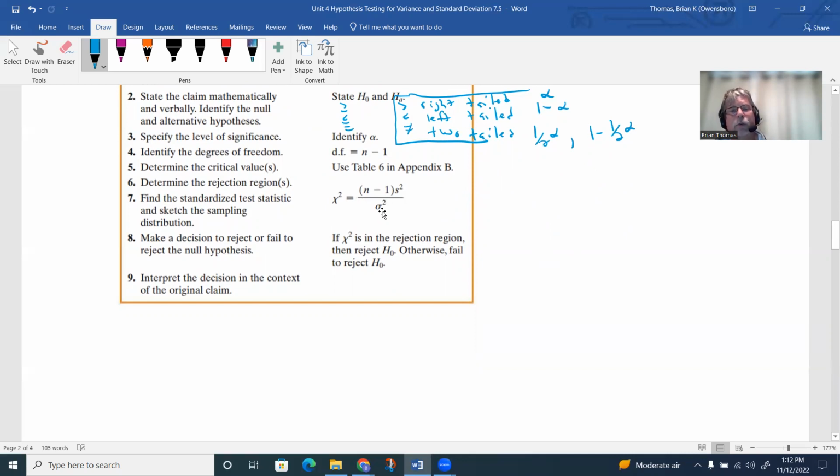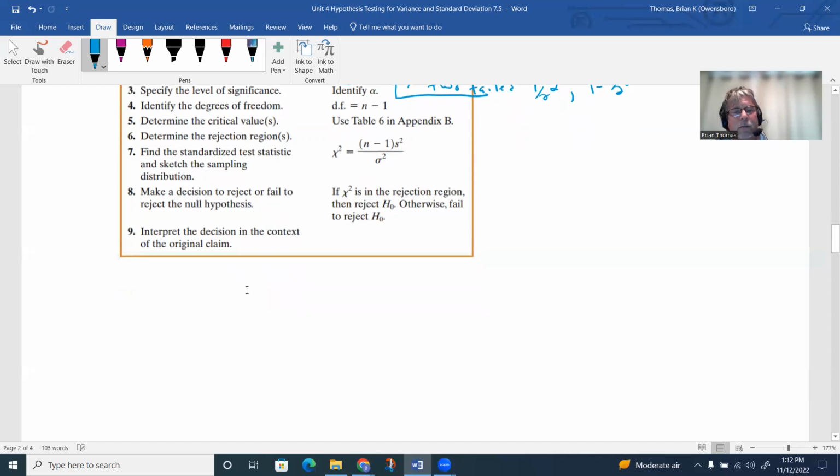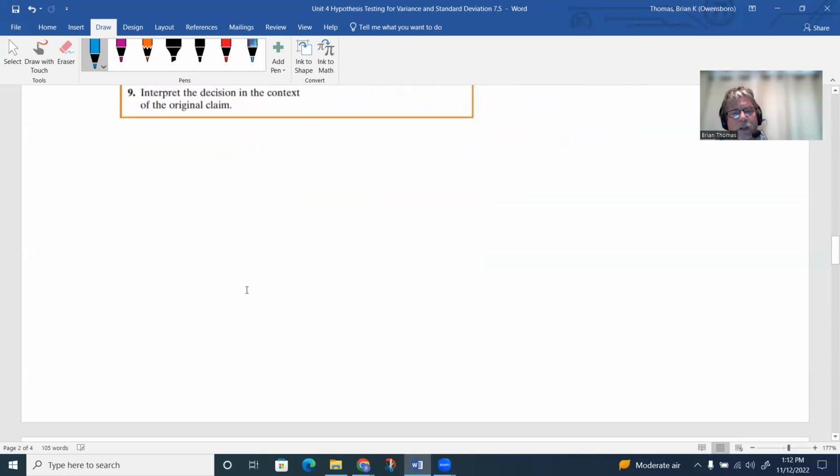And sigma squared represents the variance of the hypothesis, or the population, if you will. So we have to make a decision to reject or fail to reject the null hypothesis. If chi-squared is in the rejection region, then we reject the null hypothesis. Otherwise, we fail to reject the null hypothesis. And then we have to make an interpretation from the information.